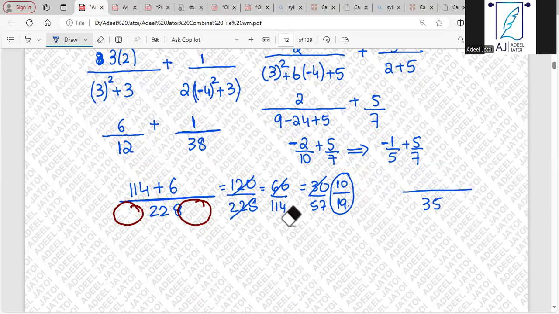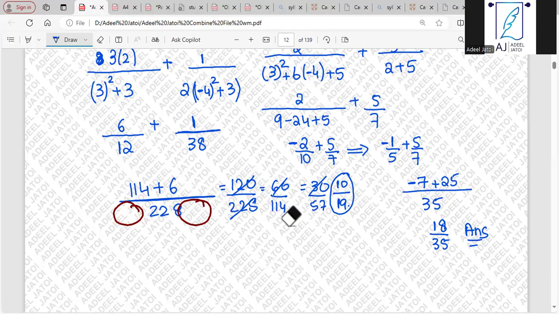So 35 divided by 5 is 7. 7 into minus 1 will become minus 7. And 35 divided by 7 is 5. 5 fives become 25. So what do we have? Minus 7 plus 25. So the answer would be 18 upon 35. So this will become your answer, considering that 18 and 35 cannot be simplified further.